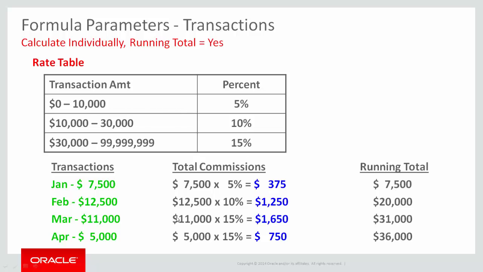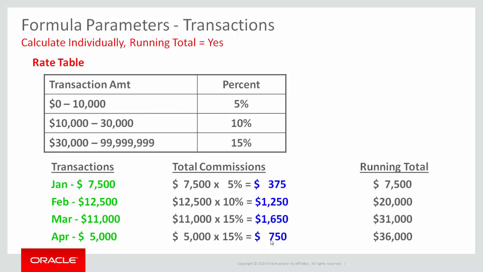And so it's going to take that transaction's volume of, say, $11,000 and multiply that amount by 15% to yield $1,650. And then everything above that, so for example, the fourth transaction in April, we now know the total is $36,000. We know it's at the highest tier of 15%, and we're now going to pay that $5,000 at a rate of 15%, so it's now $750.